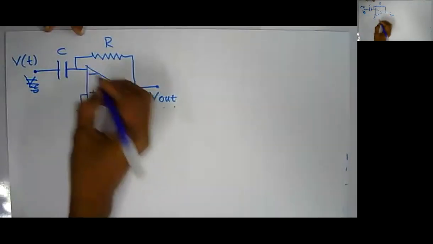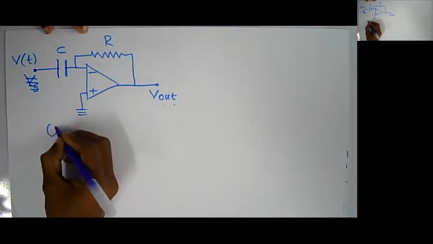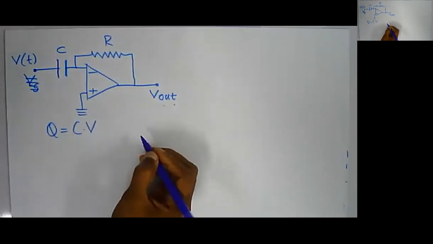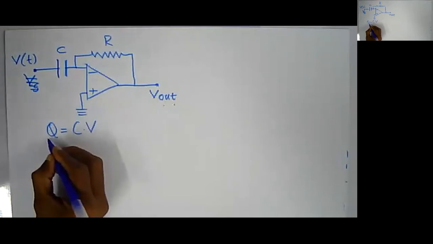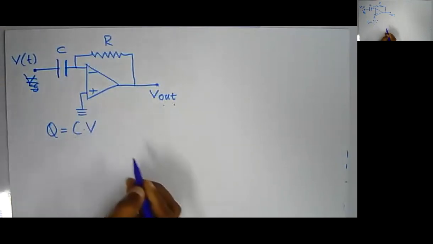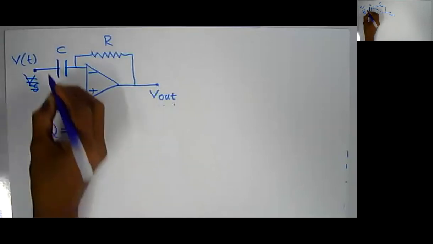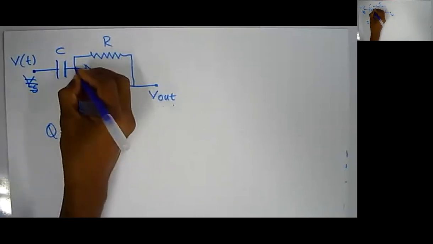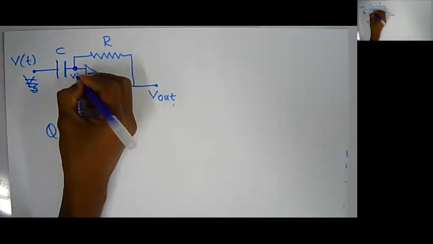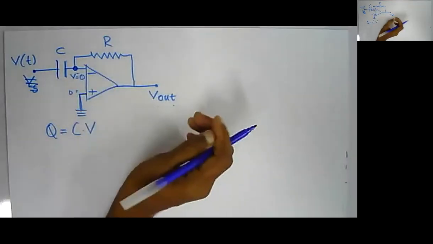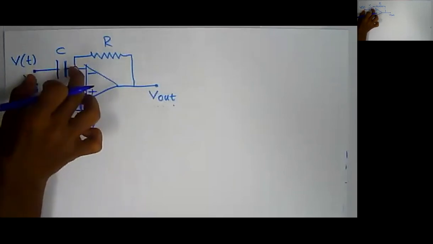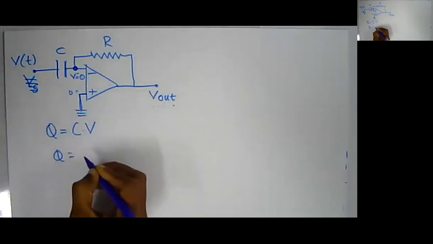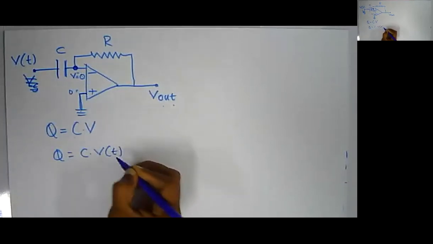In a capacitor, the total charge stored, Q, I can write as C into V. Q is the total charge stored in the capacitor, C is the capacitance, and V is the voltage across the capacitor. This is connected to 0, so this will be 0, and the voltage at this point, V minus, is also equal to 0. Hence the voltage across the capacitor will be V of t minus 0, so V of t. So I can write Q equal to C into V of t.